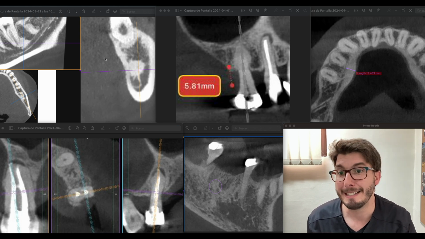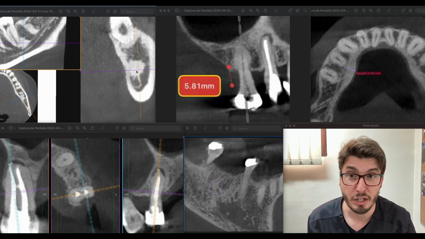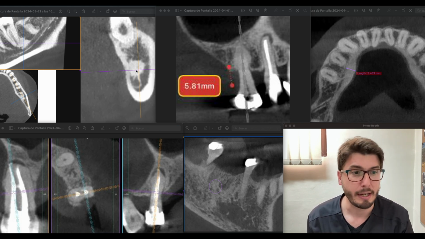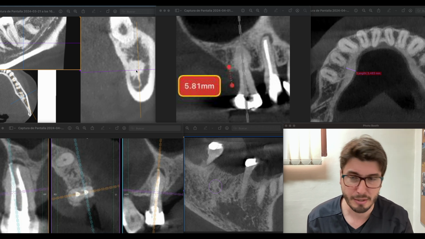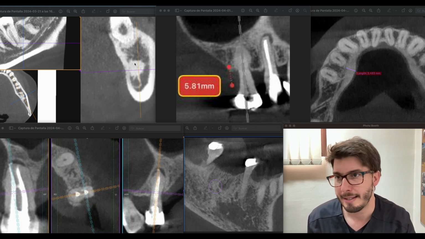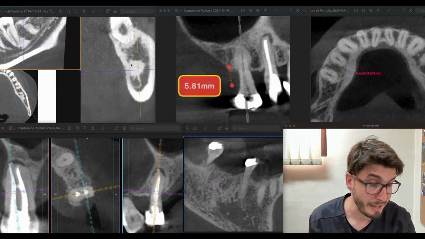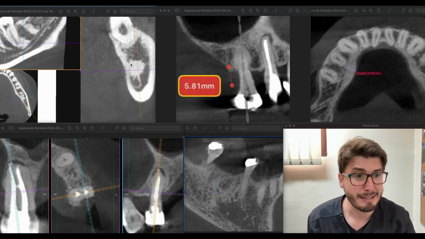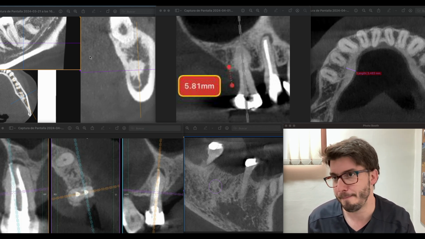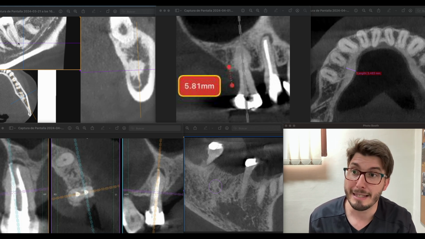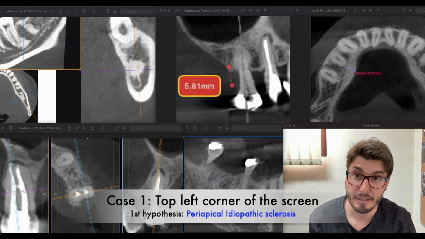So the first option here of differential diagnosis, and of course you guys should always correlate with the clinical examination as well, but from this image at least we could say that the first option would be most likely periapical idiopathic sclerosis, okay? There are some books saying dense bone island, so this would be, I guess, an accepted term according to some books, but this would be idiopathic sclerosis, okay?